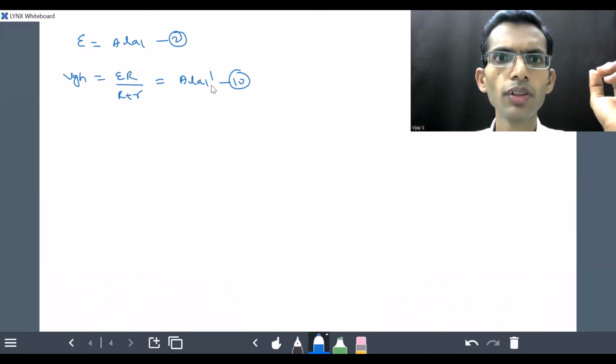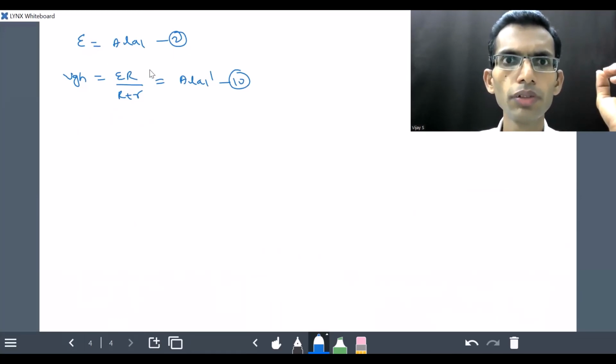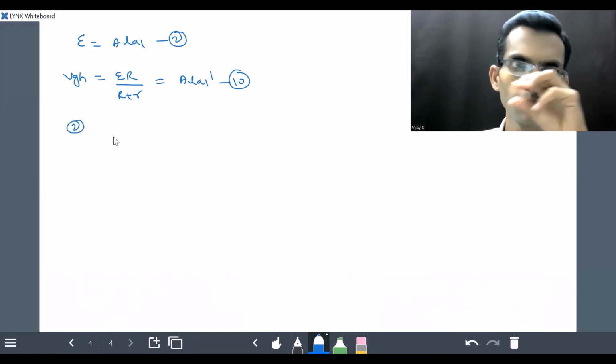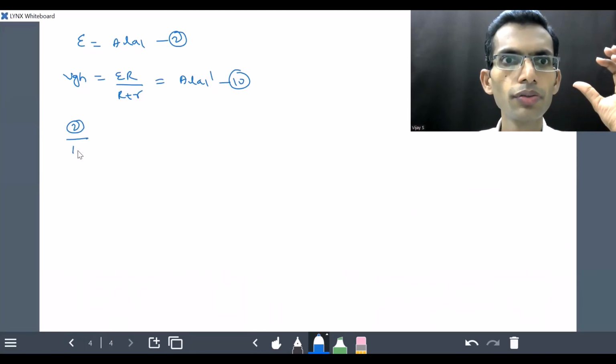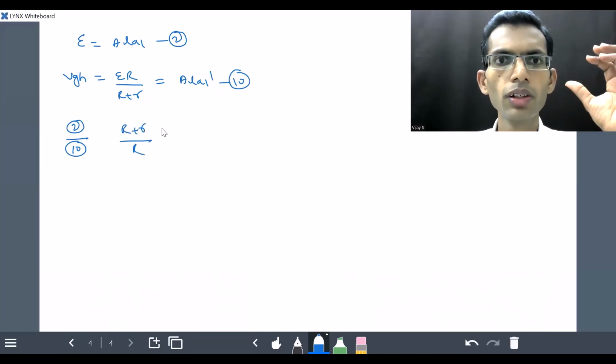So now when we take the ratio, 2 by 10, what are we going to get? We are going to get R plus r by R is equal to LA1 by LA1'.